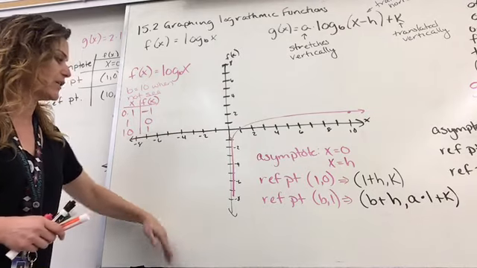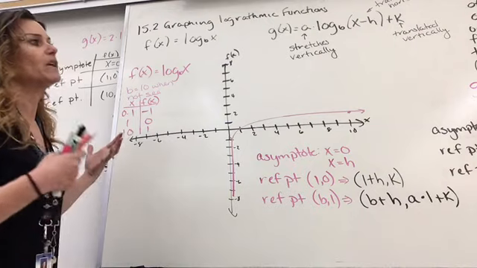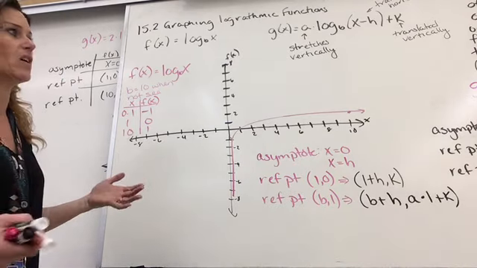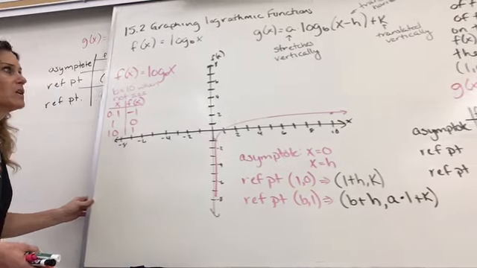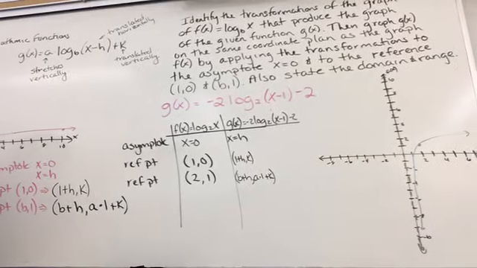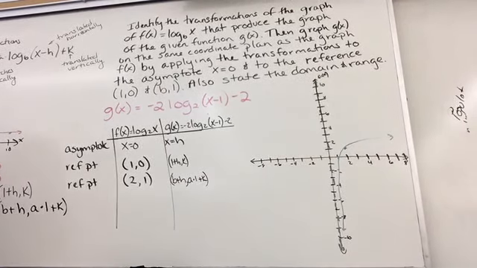We're going to be comparing translations to the parent function, and we're going to be talking about what those translations look like in words and on the graph. So we're going to slide our little board down. All right.